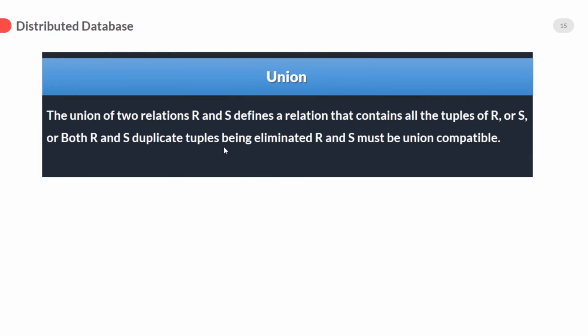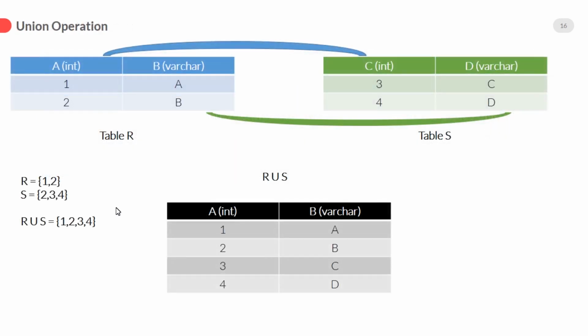So duplicate tuples are eliminated. So 1 is here, 2 is here, and 2 again, so remove this one, and 3 is here, 4 is here, and the result is here.